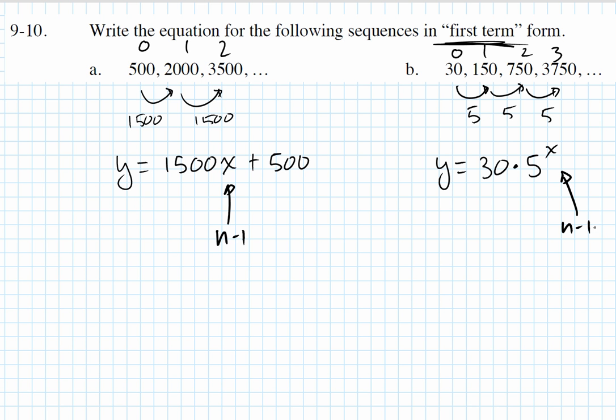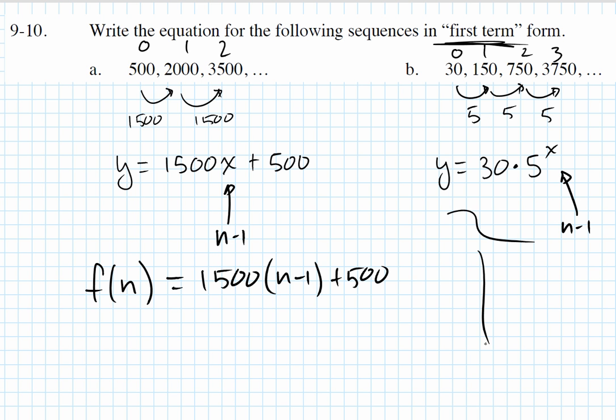So I'll say that f of n, where n's the input value, equals 1500 times n minus 1 plus 500. And for the geometric one here, f of n equals 30 times 5 raised to the power of n minus 1.